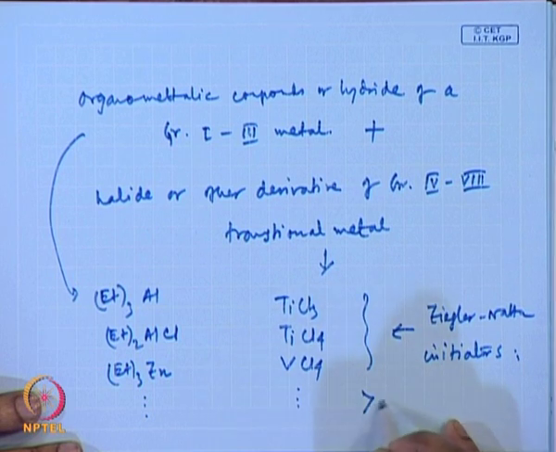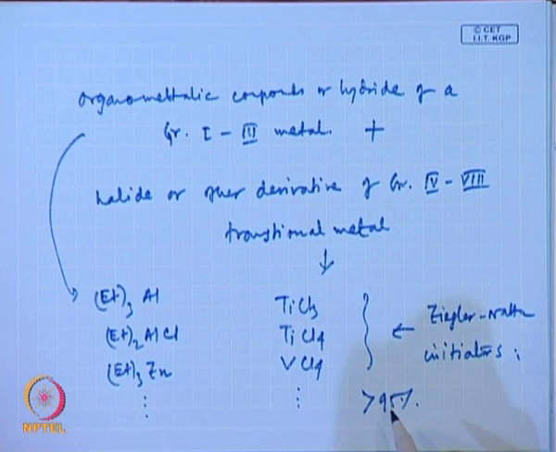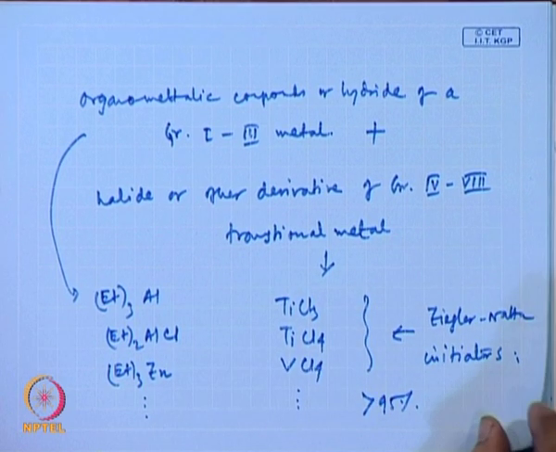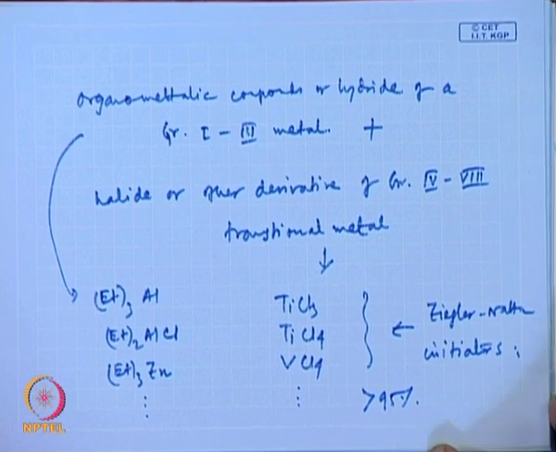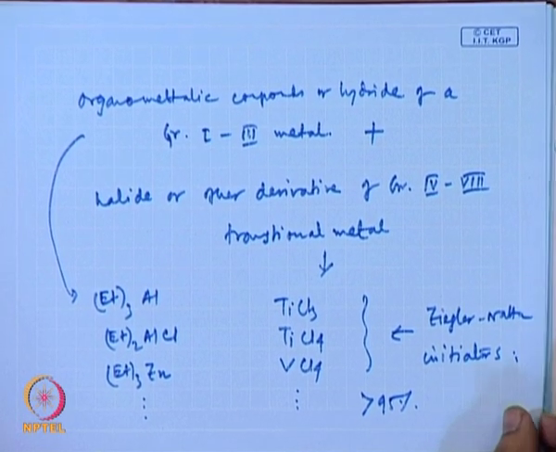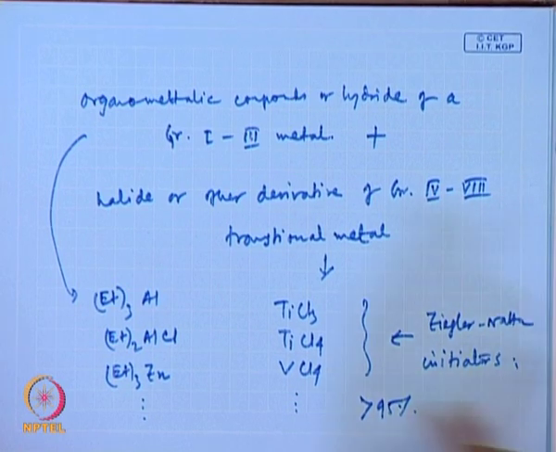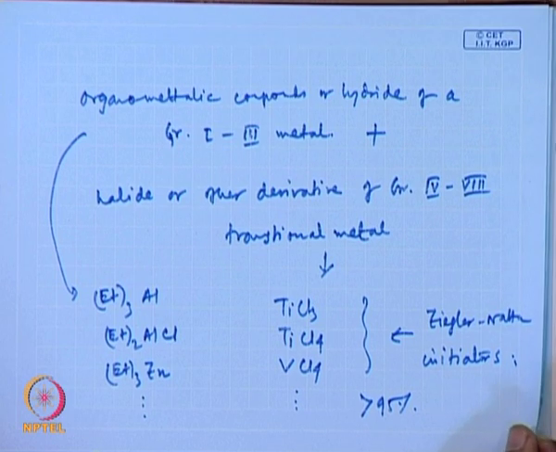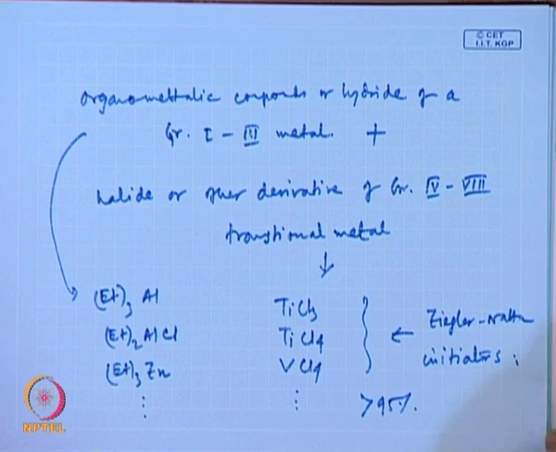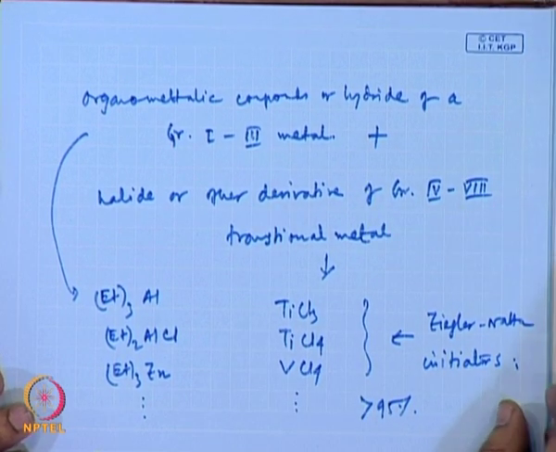Until 2000, more than 95% of Ziegler-Natta polymerization used a combination of this sort of catalyst, before the discovery of the metallocene catalyst, where instead of a transition metal catalyst, metallocenes are used as a catalyst along with a co-initiator, which we will discuss in a minute.